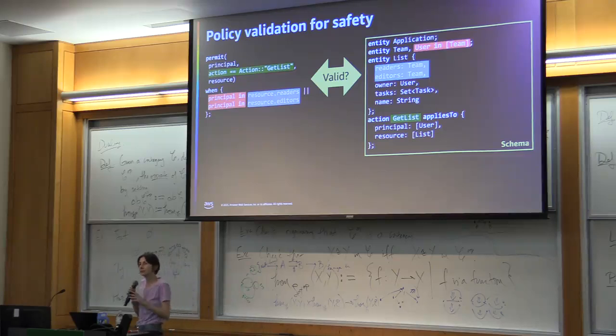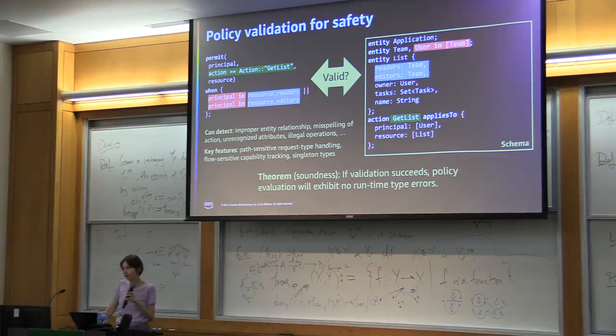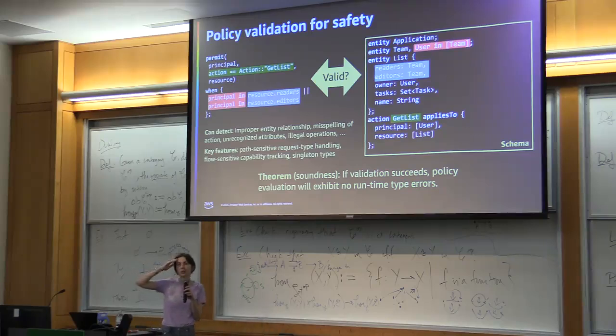Now, the type checker can protect against all sorts of interesting errors. It can detect improper entity relationships, misspellings of actions, unrecognized attributes, and so on and so forth. The thing that's interesting about it is that it is path sensitive at the level of actions. Imagine that the get list action didn't apply to just user and list.